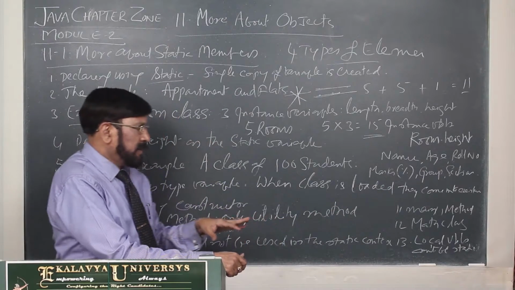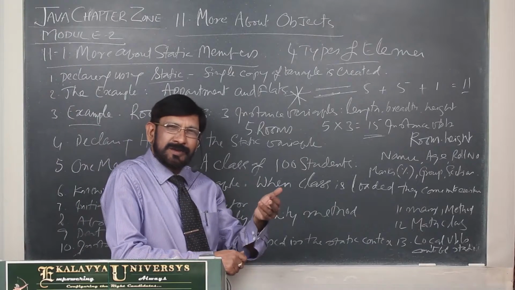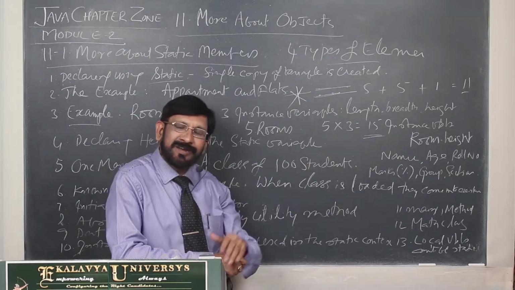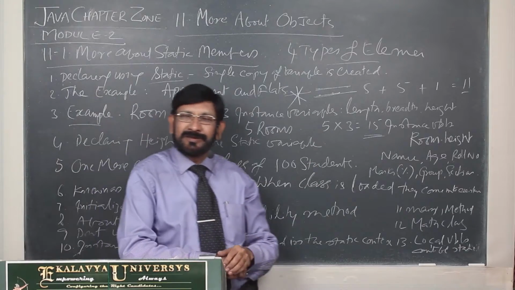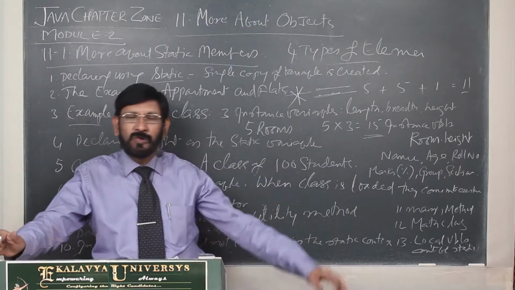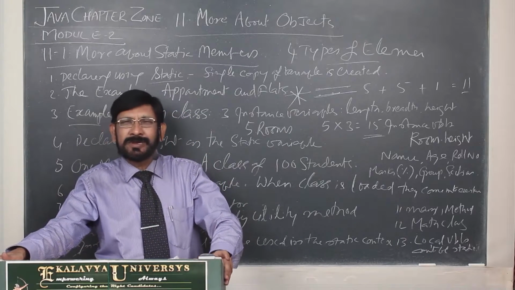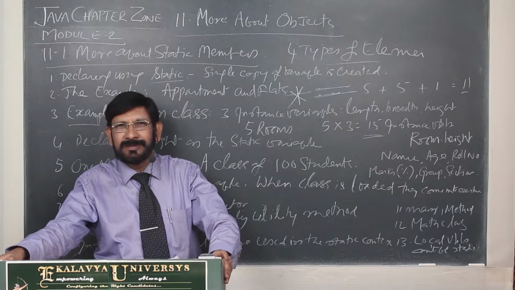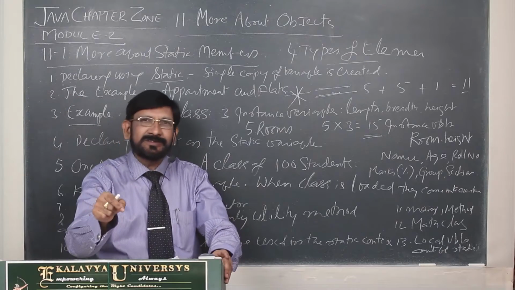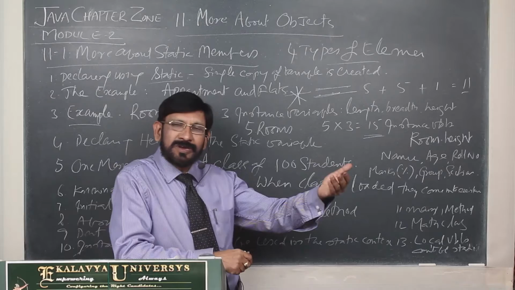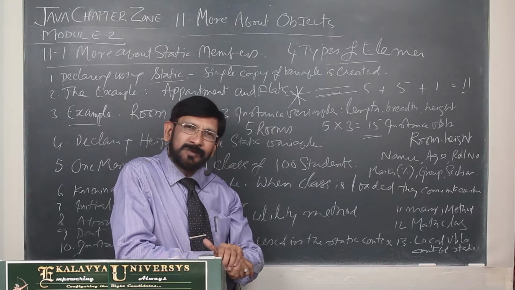And if you analytically think why the main method is created as static, you can understand. I give you a simple clue: you can use either an instance variable or an instance method only once an instance is created. If an instance is not created, how can you use an instance variable?